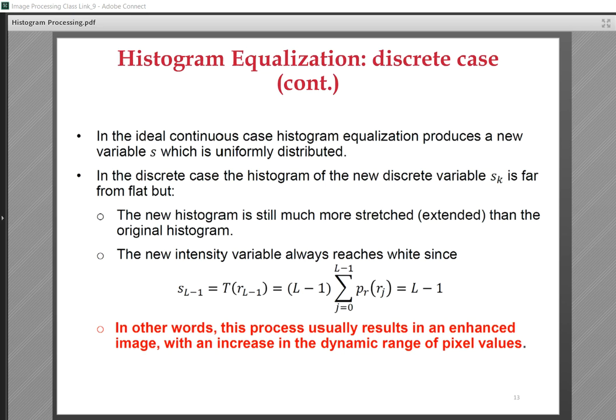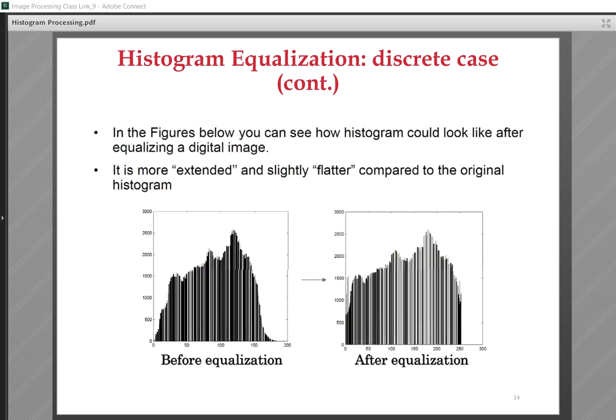In other words, this process usually results in an enhanced image, with an increase in the dynamic range of pixel values. For example, in the R domain, meaning the gray levels or intensity of the original image, maybe your R is from 0 to 100, but we proved that your S is 0 to 255, the full range.